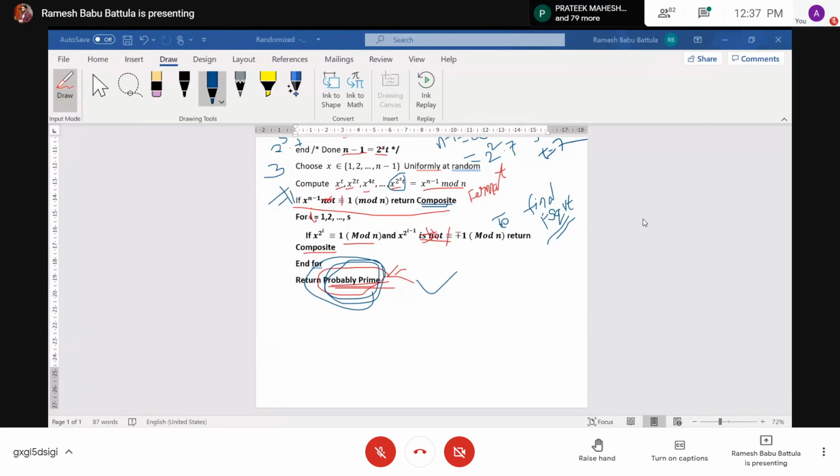So I am writing small m1 into small m2 into small m3. This is going to be equal to my capital M. So what is this value? 7 into 5 into 2, this is going to be equal to 70.